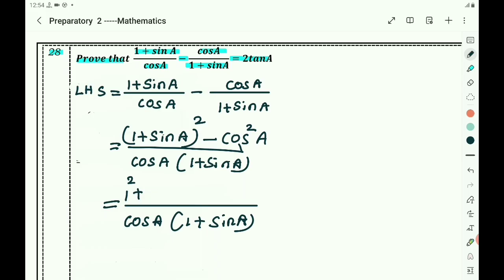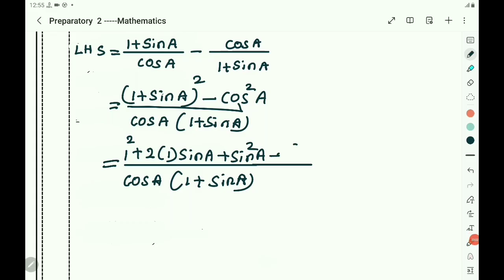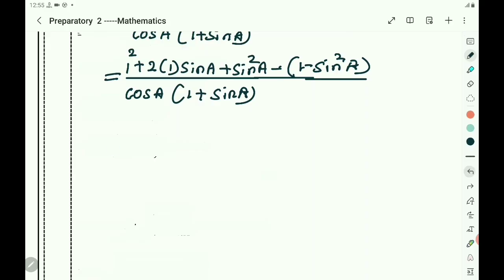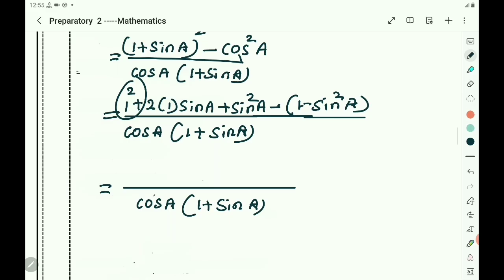A square is 1 square, 2ab is 2 into 1 into sin A, plus sin square A. Minus cos square A can be written as 1 minus sin square A. Then write cos A into 1 plus sin A as it is, and write 1 square as 1, plus 2 into 1 into sin A is 2 sin A, plus sin square A as it is.